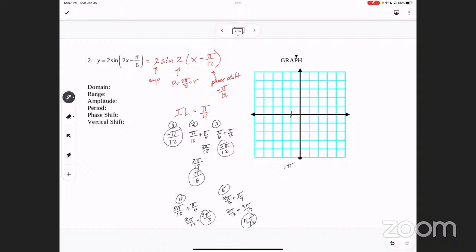So there's negative pi over 12. Here's 0 right here in the middle. So here's 1 pi over 12. 2, well, that'll actually work. 2 pi over 12 is pi over 6. There's 3 pi over 12. 4 pi over 12 is right here.